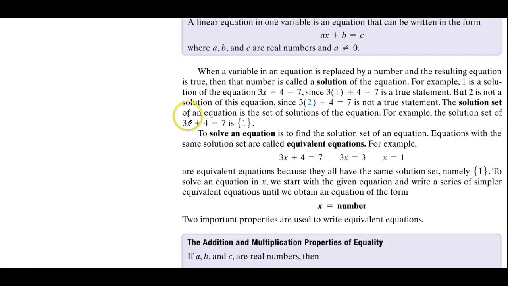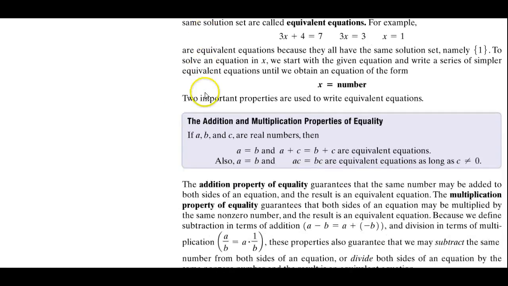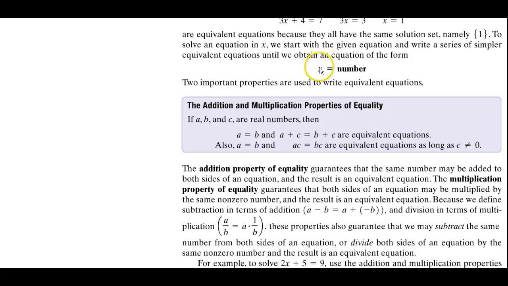Now, looking at the textbook, and again, I'm not going to read it particularly, but comment a little. They give you some of the background that I'll be explaining, and I've talked about this already, that eventually we're going to have x equal a number.